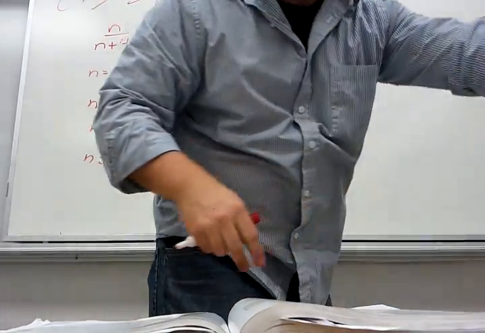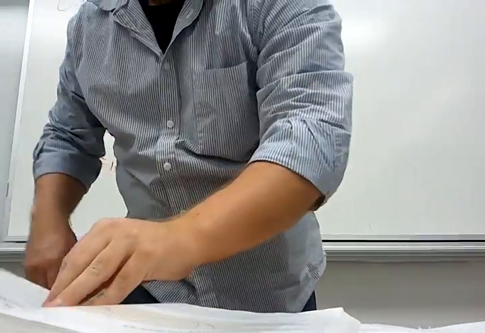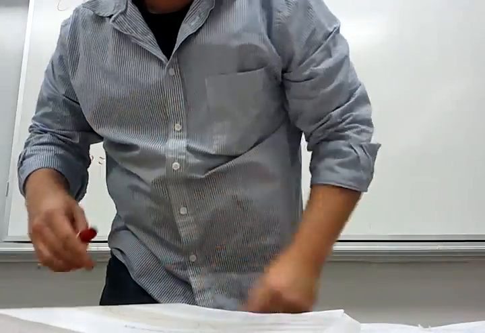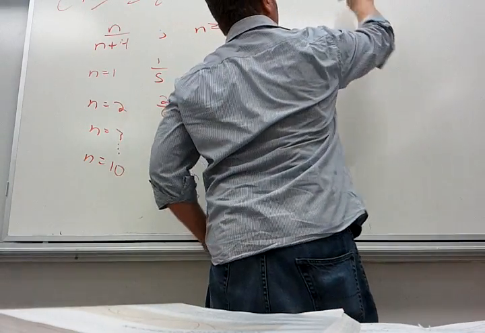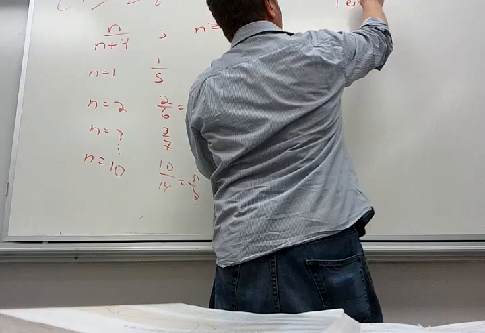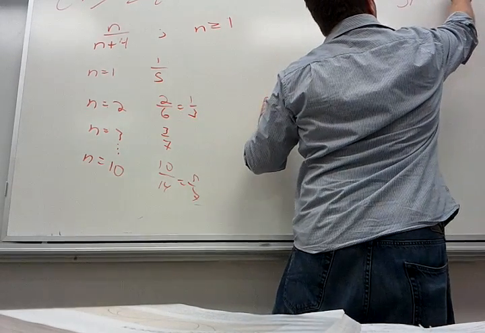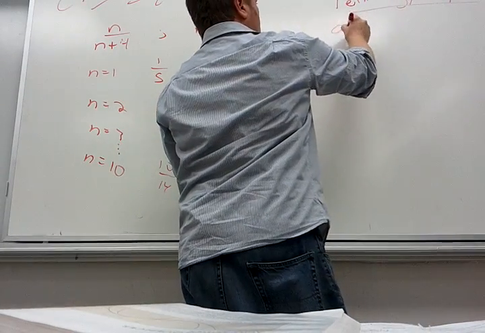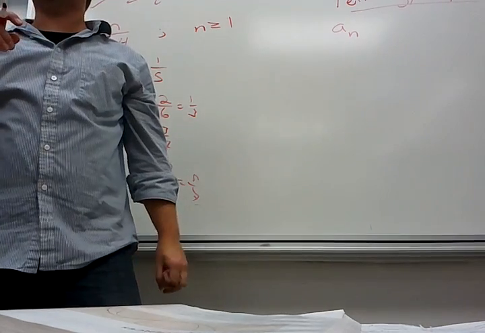So let's see real quick. Let me keep myself in order here. What if you had something like this here? Let me start giving us some terminology and symbols. Let me tighten this up a little bit. AN is the nth term of a sequence.